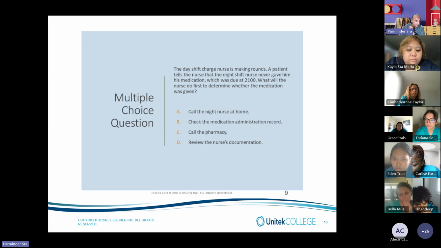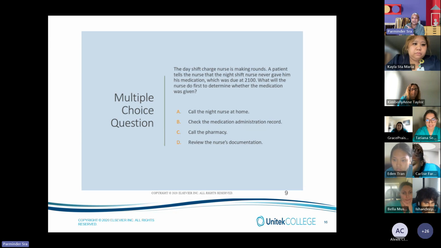Patient saying no. Remember, we talked earlier, everything you do, at the end, what do you do? Document. So the previous nurse, if she has given it, it should be documented.